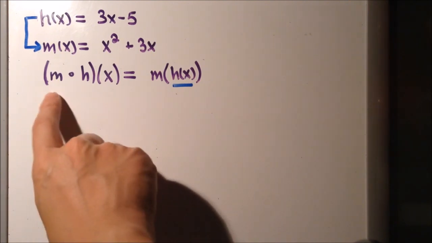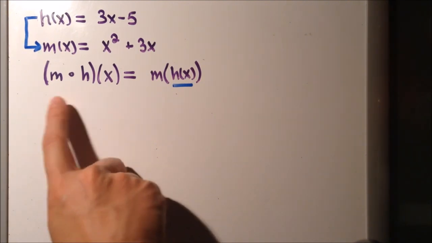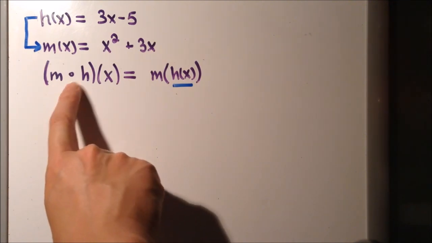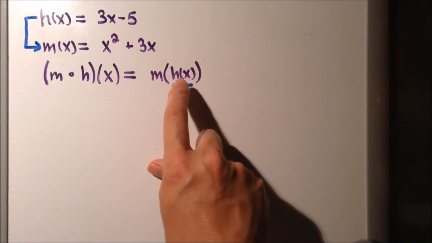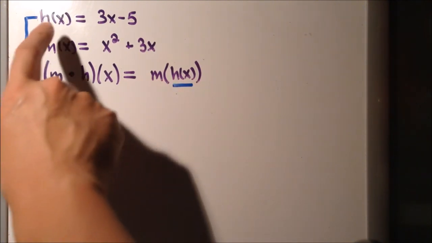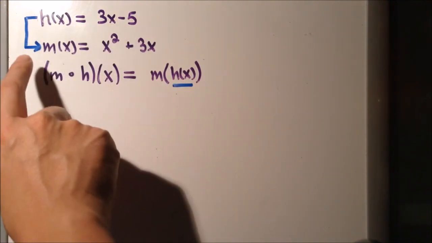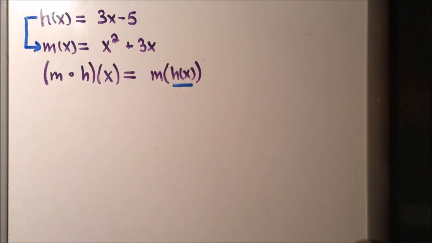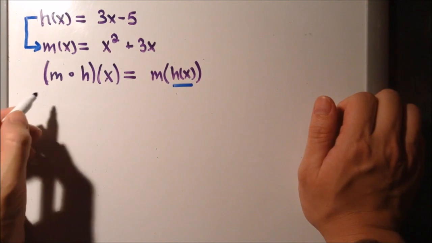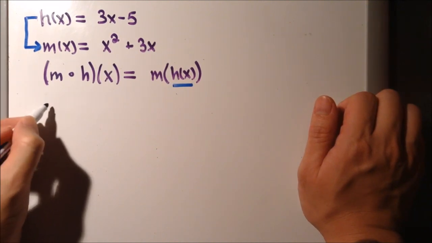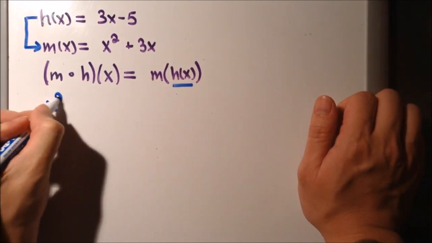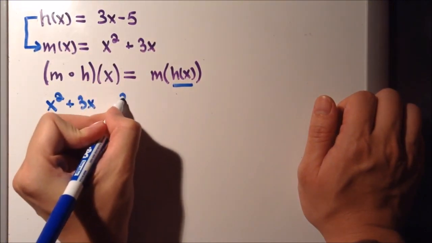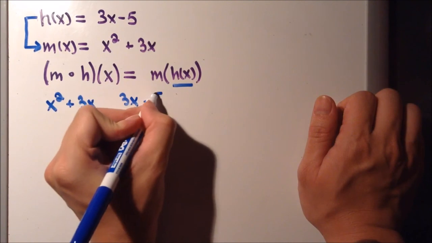Now we have ours backward. We're asked to find the composition m of h of x. So we're going to plug h of x into m. This h of x will go into all the x of m of x. Let me show you visually. Here is m of x, x squared plus 3x, and here's 3x minus 5.